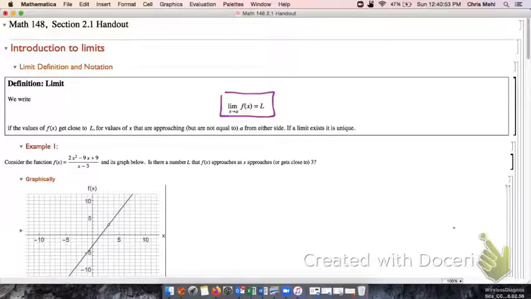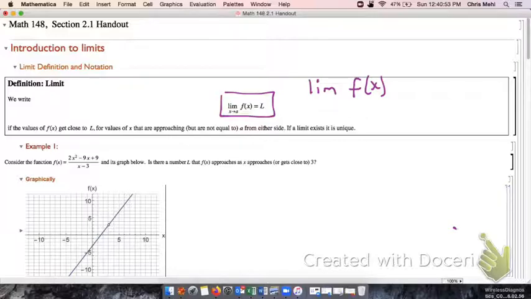When I write this down, I'm saying this is the limit of f of x. And essentially, f of x is a function value. We'll talk about functions in just a second. You should have some familiar notion of functions from pre-calculus class.